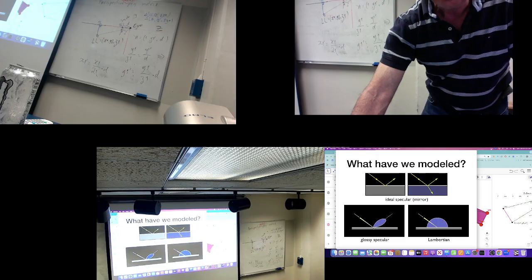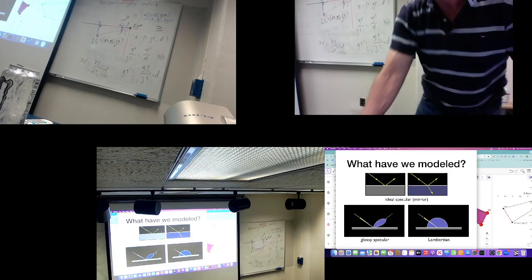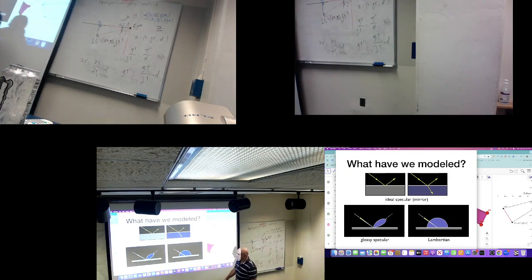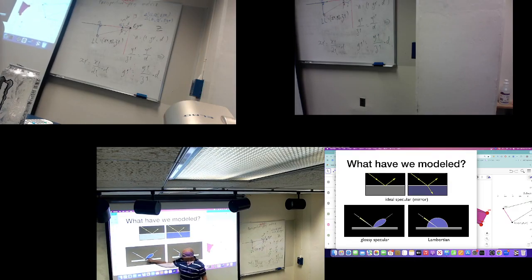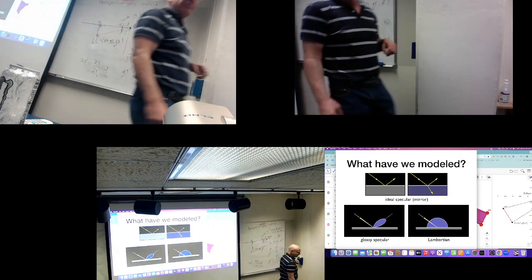What happens in glossy, non-perfect specular reflections? That we discussed. We have one ray that is reflected in the direction of the perfect reflection, but you also get rays that are emerging in directions that are very close but not exactly the perfect reflection.